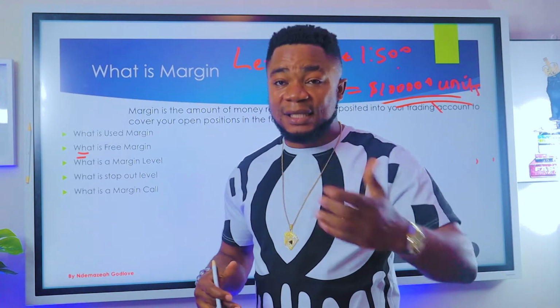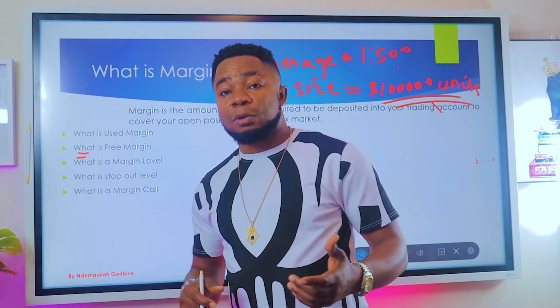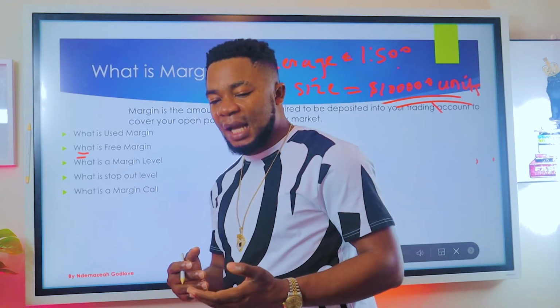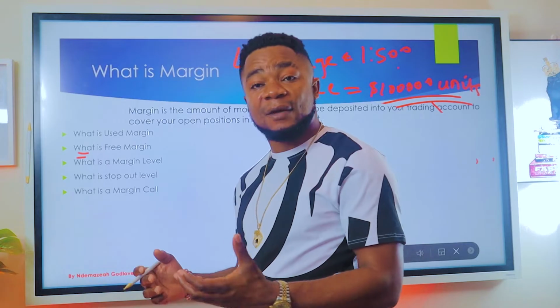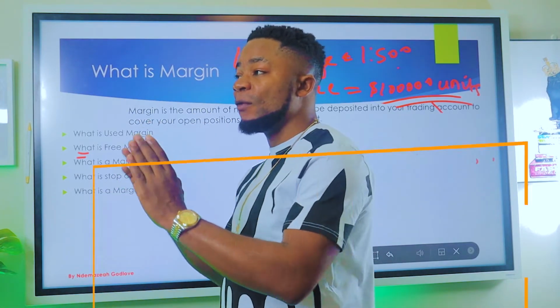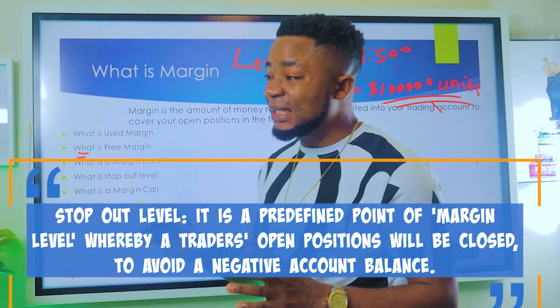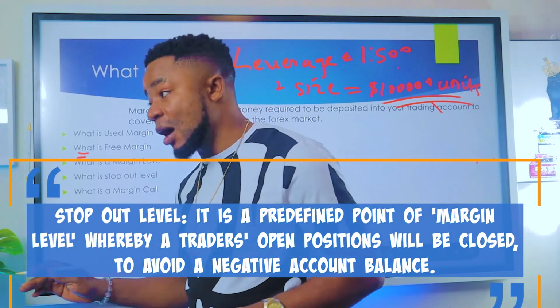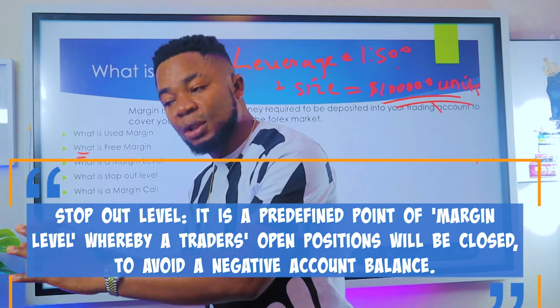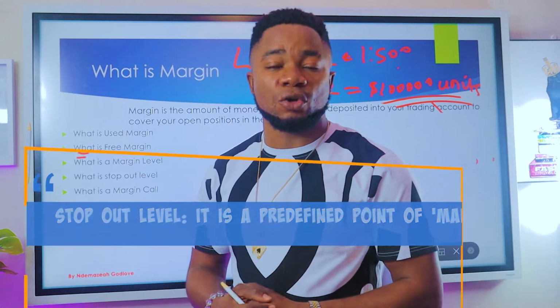If you are trading regularly, let's just say your broker is giving you a stop out level. A stop out level is just a determined level which your broker puts to say, okay, if you don't know how to trade, or if you place a trade that is burning out your account, if this percentage of your margin is used, then the system should automatically close your positions.